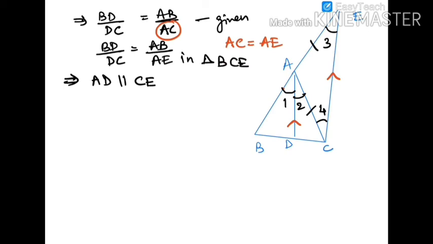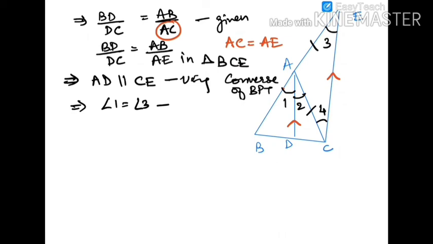So if these two lines are parallel, then what can we say about angle 1 and angle 3? They will form corresponding angles and therefore they will be equal. So this implies angle 1 equal to angle 3, as angle 1 and angle 3 form corresponding angles made by AD parallel to CE, and which is the transversal?